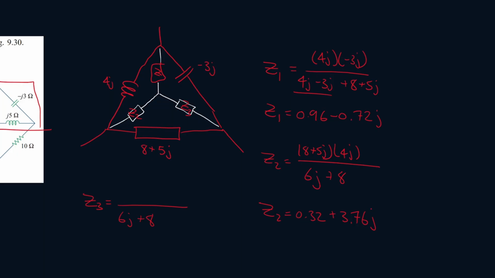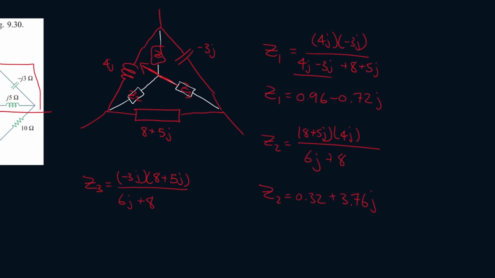For the last part, Z3, the bottom is again 6j plus 8. For the top, as I go along this direction, I hit the 4j, so I ignore that. So it's minus 3j times 8 plus 5j.